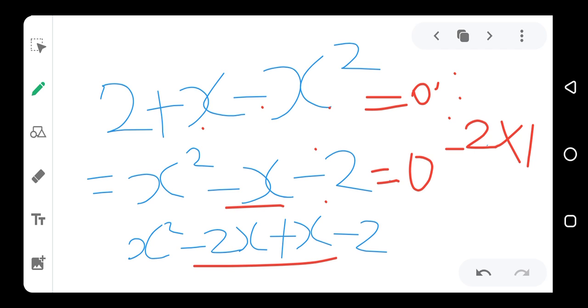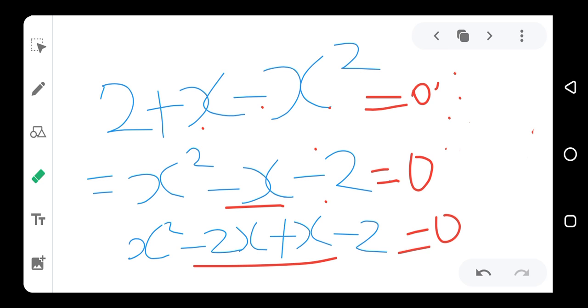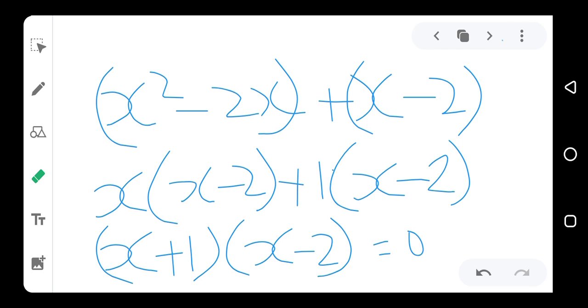Now we have x squared minus 2x plus x minus 2 is equal to 0. Now we bracket it and factorize out the common values from each of the brackets.